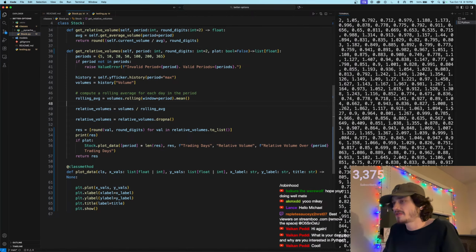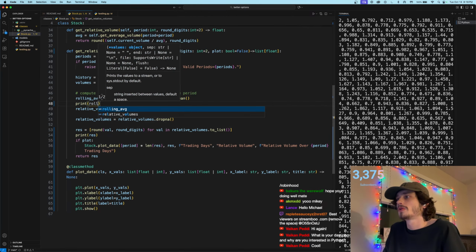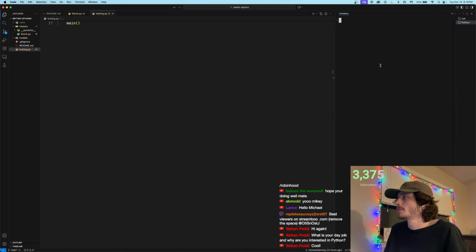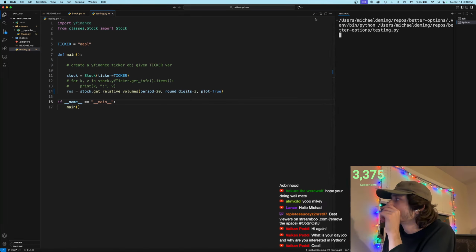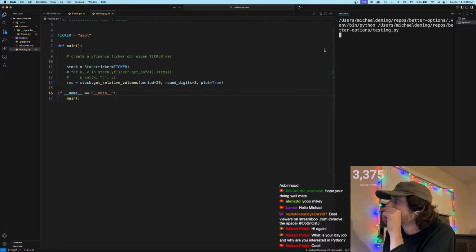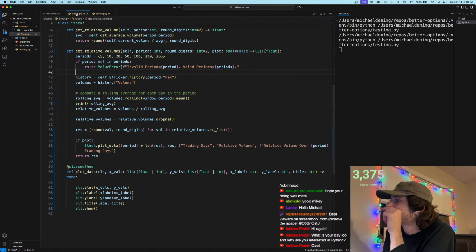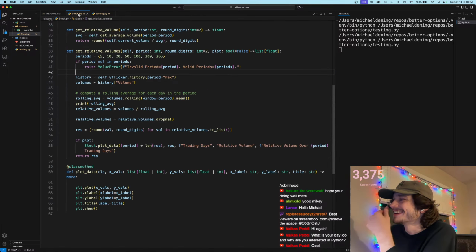So what happens if I print rolling average here? What the heck?